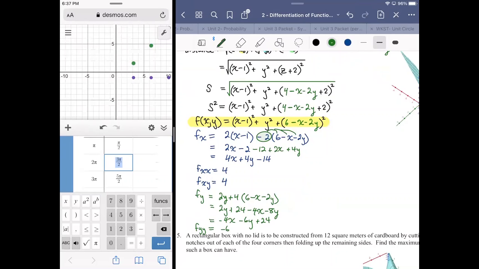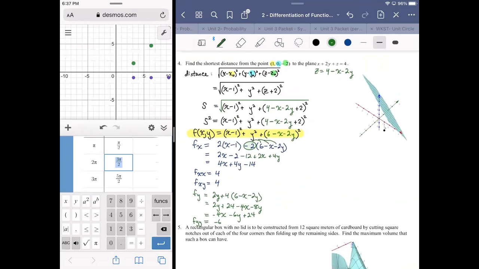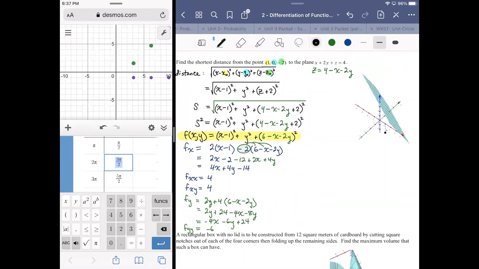So I got what I need in terms of a function and its derivatives. Now I got to get the particulars. All right, so I need critical values, and then from there, I need to test those critical values. So I have f sub x, which needs to be equal to 0.